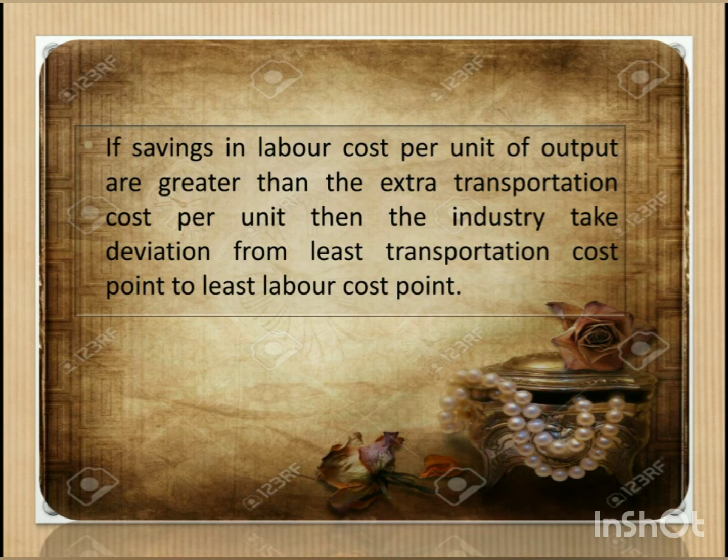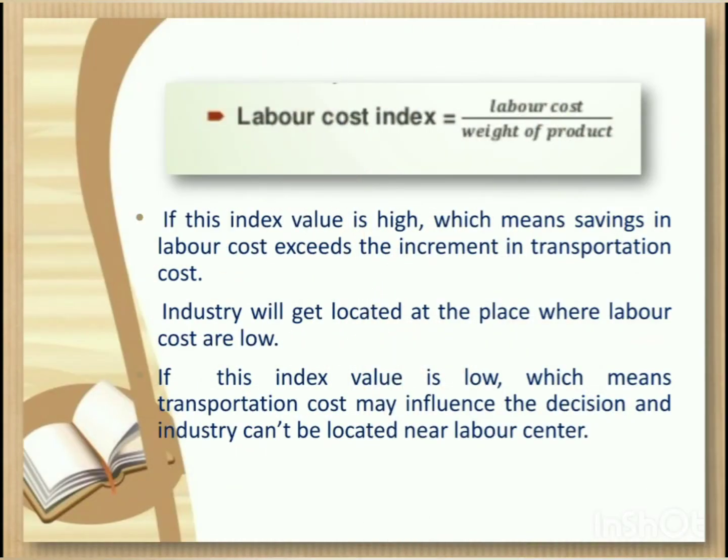To find out whether the labor cost will have an upper hand in the location of industry or not, we have labor cost index. Labor cost index is equal to labor cost divided by weight of product. If this index value is high, which means savings in labor cost exceeds the increment in transportation cost, and industry will get located at the place where labor costs are low.